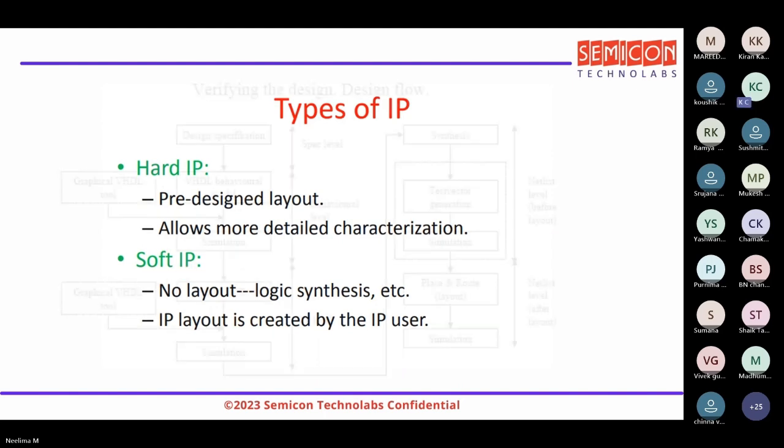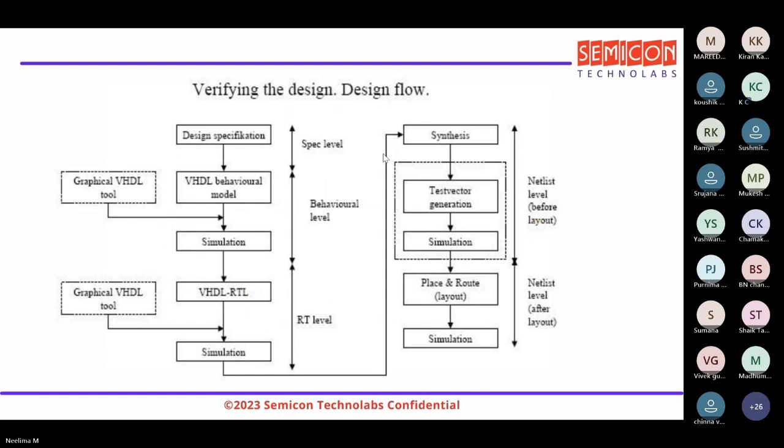Now let's look at another view of the design cycle. This is again from spec to simulation, with a little more detail in this slide. As usual, we take the idea into specification.